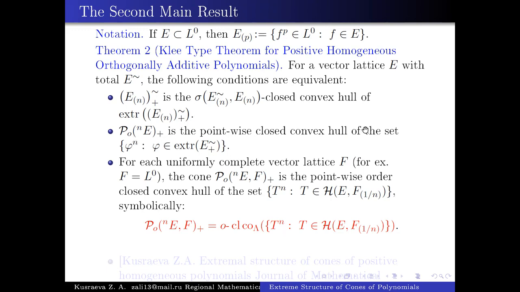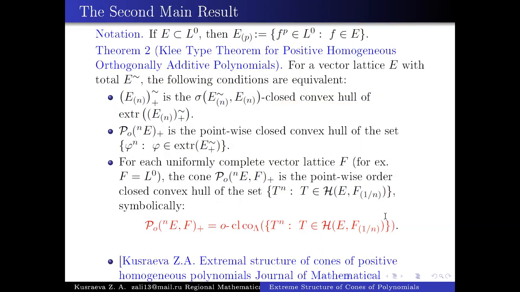And the first equivalent condition says that the cone of positive functionals is the weakly closed convex hull of the extreme rays of this space. This result is also published in 2024 in Journal of Mathematical Analysis.